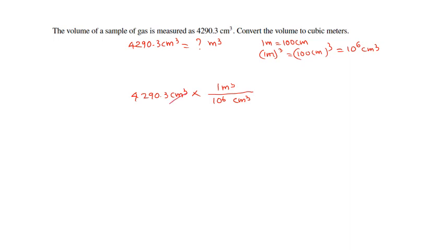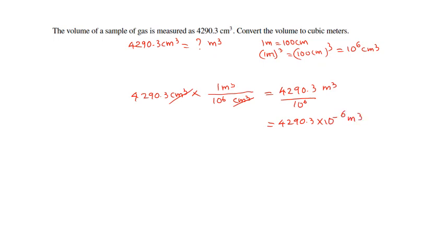And then centimeter cube and centimeter cube will cancel, so 4290.3 meter cube divided by 10 to the power 6, that is nothing but 4290.3 times 10 to the power negative 6 meter cube.